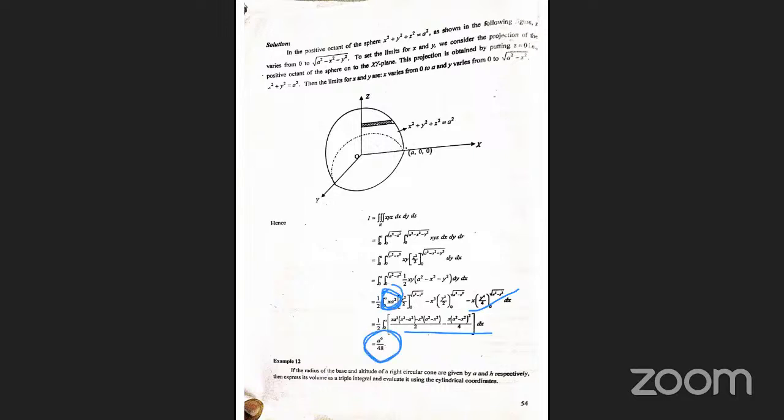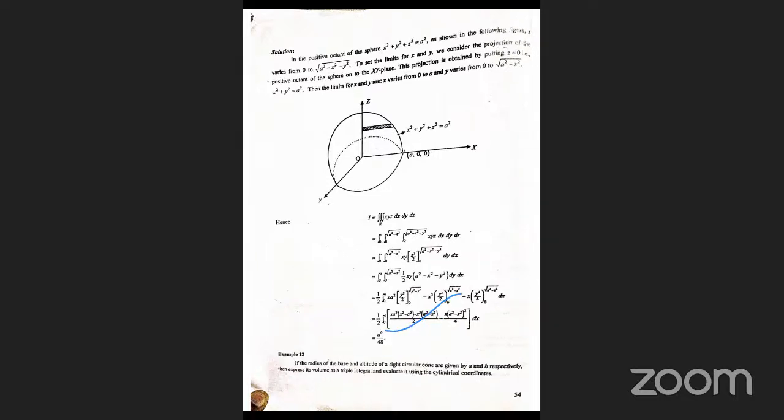Then we get the answer a power of 6 by 48. So this is dz, not dr. Understood? Yes, sir. Clear, and it is an important problem.